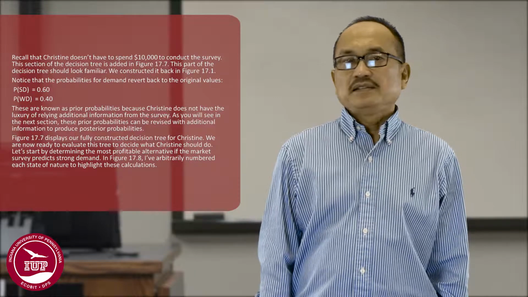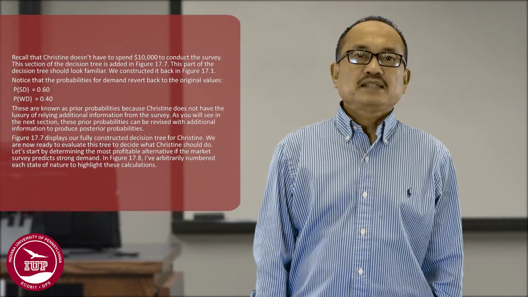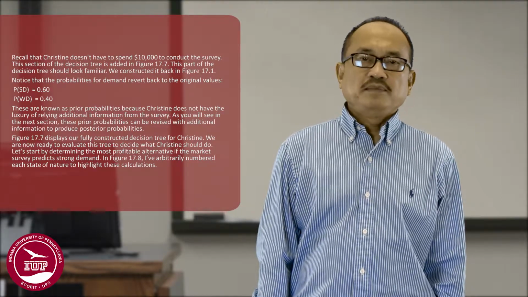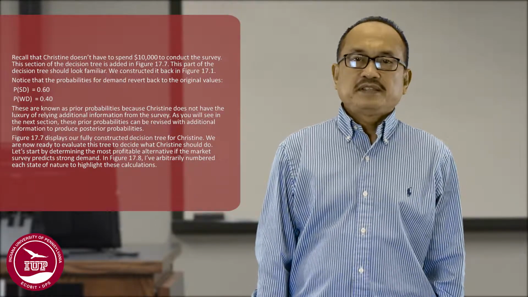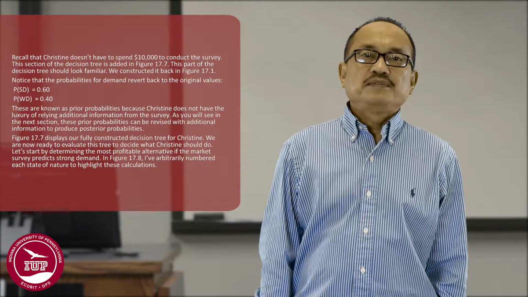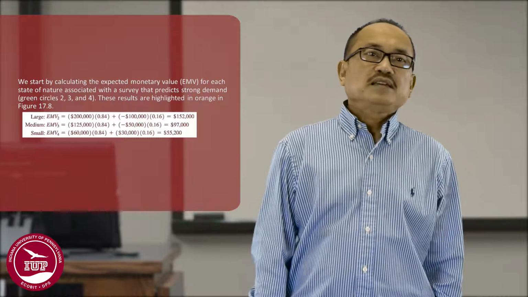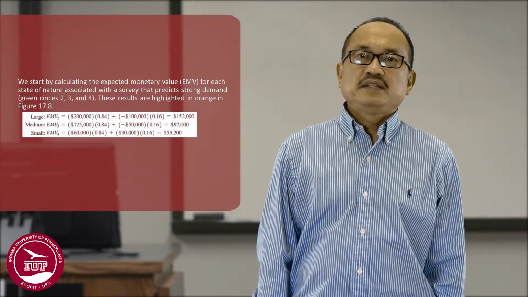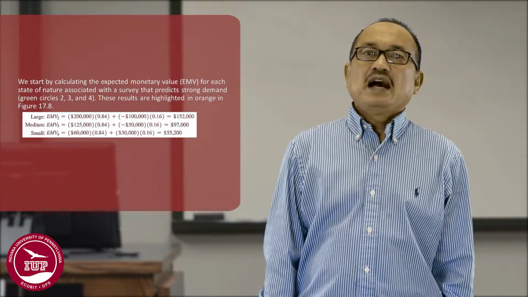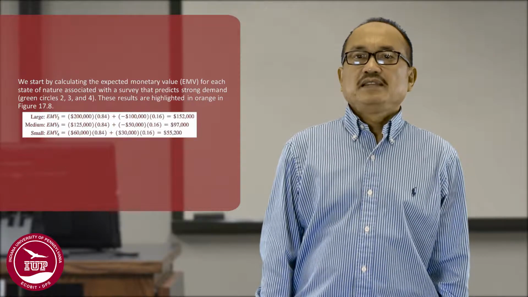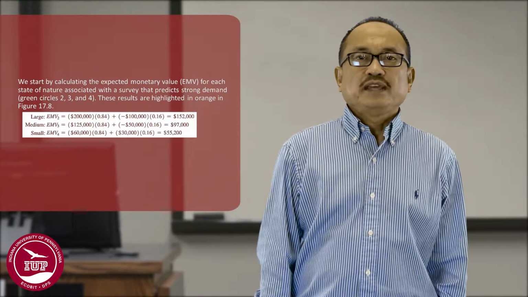Let's start by determining the most profitable alternative if the market survey predicts strong demand. In figure 17.8, I've arbitrarily numbered each state of nature to highlight this calculation. We start by calculating the expected monetary value, or EMV, for each state of nature associated with a survey that predicts strong demand. Green circle 2, 3, and 4.